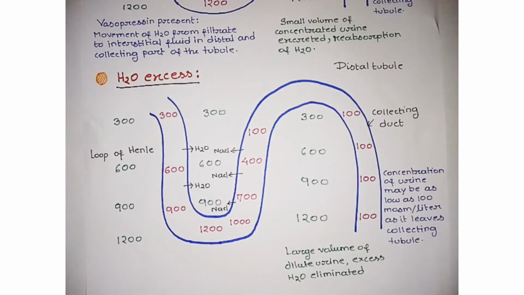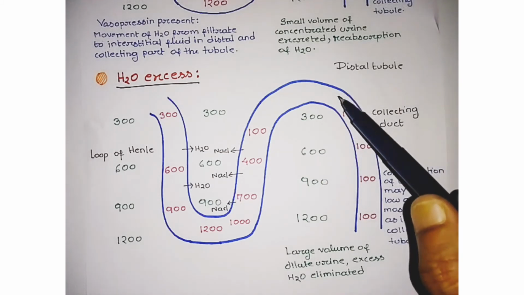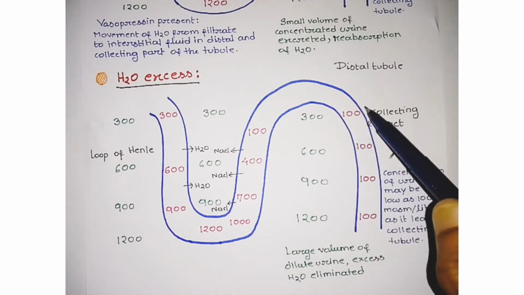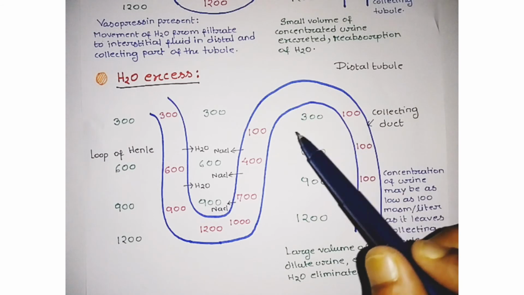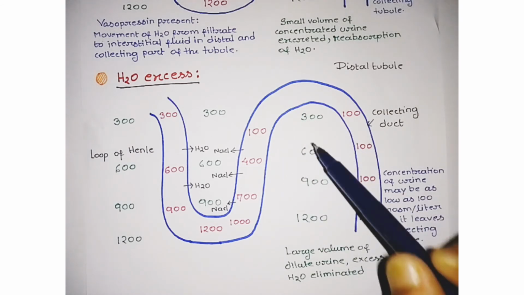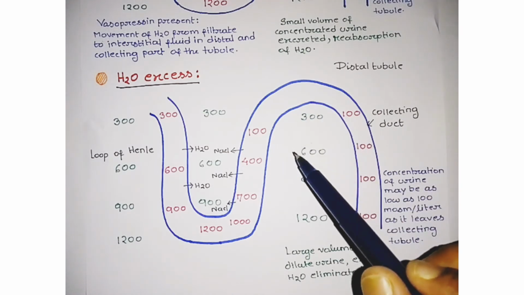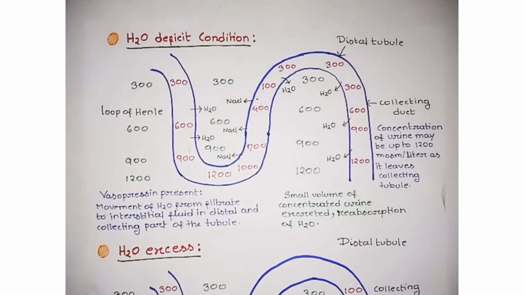But in this case, H2O excess condition, vasopressin is absent. So there are no water channels present in the distal tubule and collecting duct. The absence of water channels leads to excretion of dilute urine, because although the concentration of the fluid is less than the concentration of the interstitial fluid, as you can see, the osmolarity of the medullary interstitial fluid remains the same as in the case of H2O deficit condition.